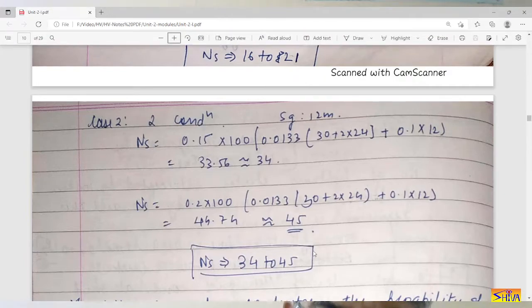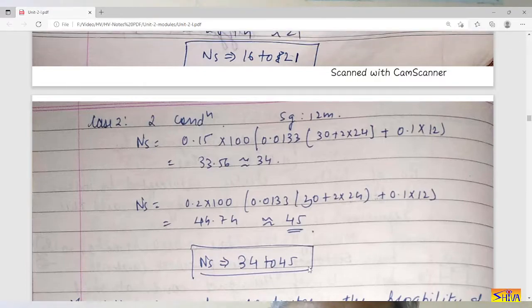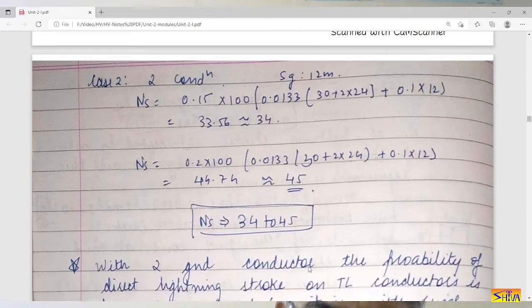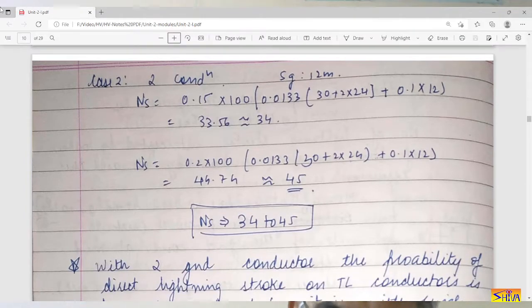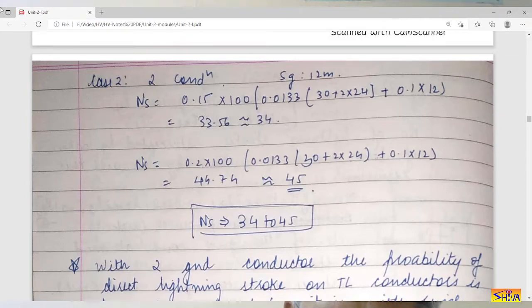If we are using two ground conductors, then out of those X number of strokes, 34 to 45 will be on the ground conductors and the remaining will be on the transmission line conductors, that is, the power conductors. So the number of strokes intercepted by the ground conductors becomes more, that is, protection will be better when we are using two ground conductors. That is how the number of ground conductors affects the protection of the transmission line and distribution line against direct strokes.